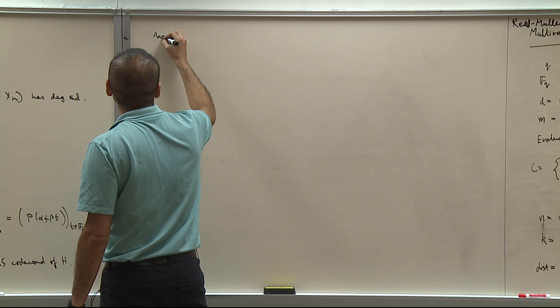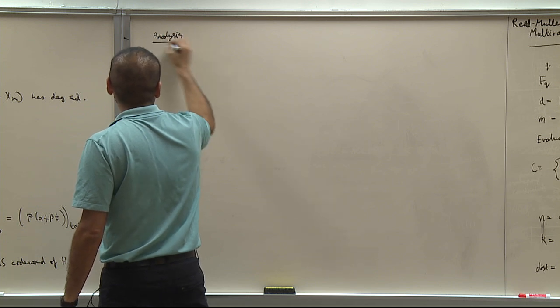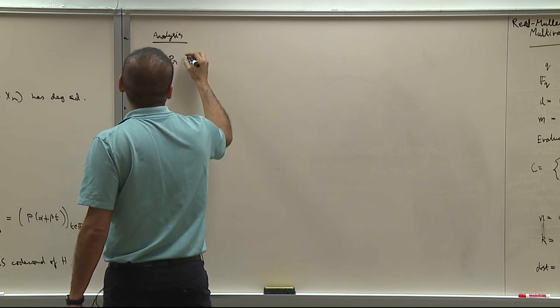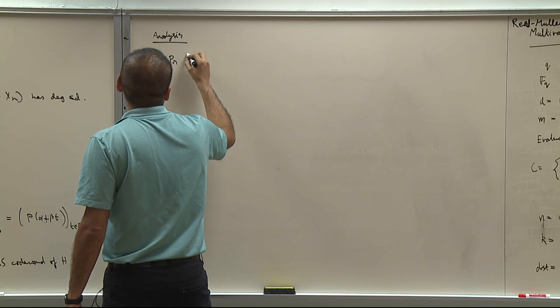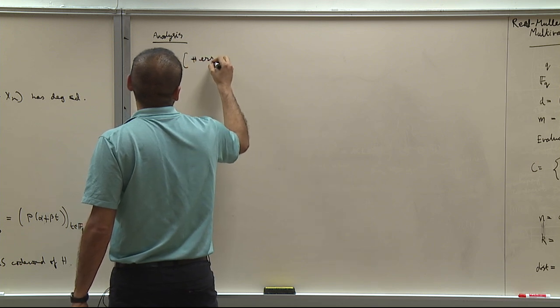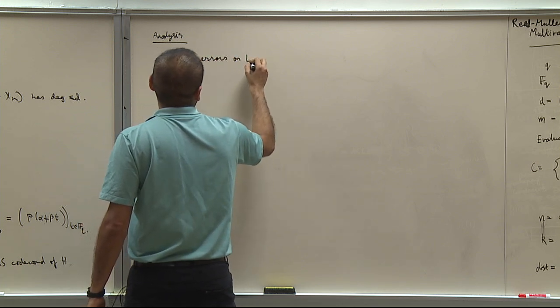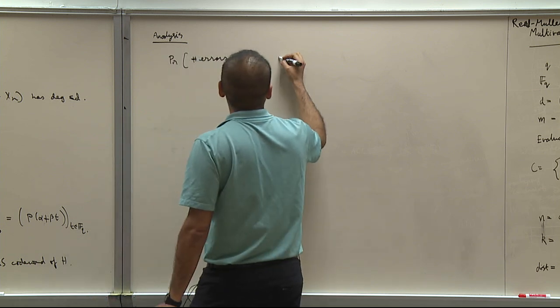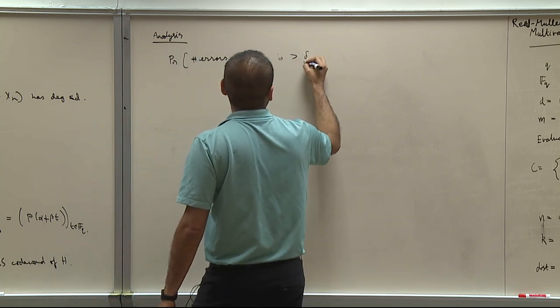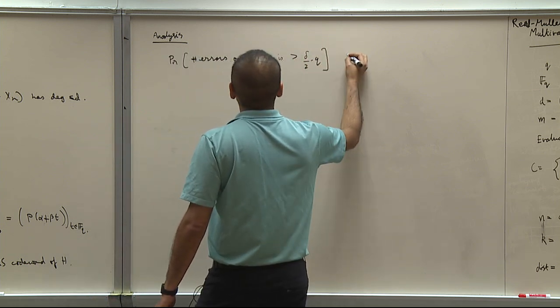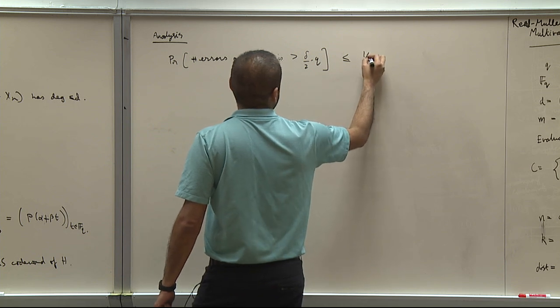So this is the analysis: the probability that the number of errors on L alpha beta is greater than delta over 2 times Q is at most 1/5.